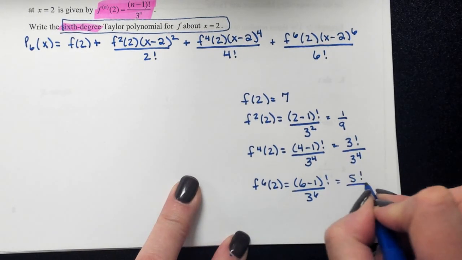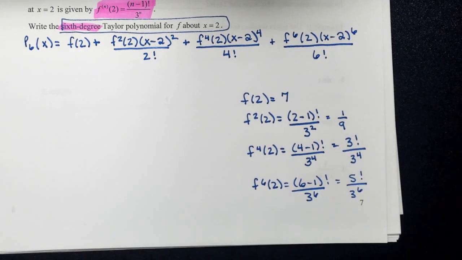So 5 factorial over 3 to the 6th. Like I said, sometimes they'll give you formulas where you'll actually have to calculate the value of the derivatives. Or they may just be really nice and give you the value of all the derivatives like they did in the other 2 examples. So any questions on how I found the value of those derivatives?